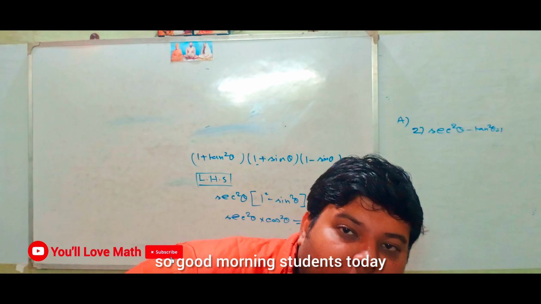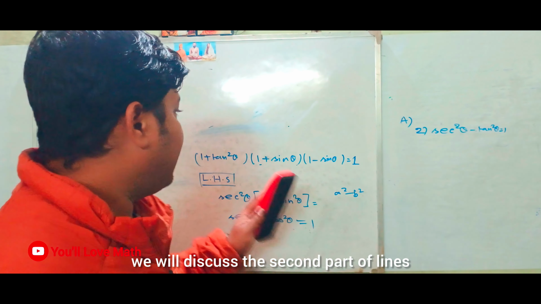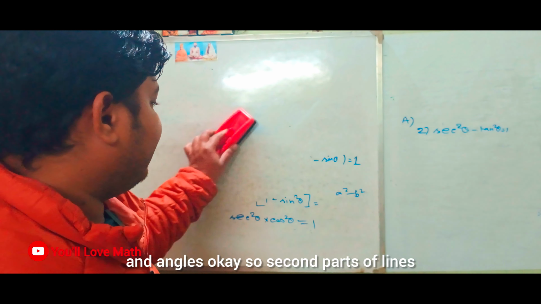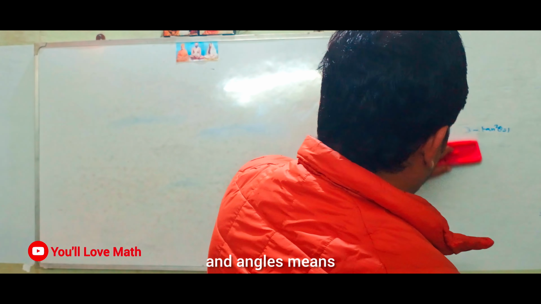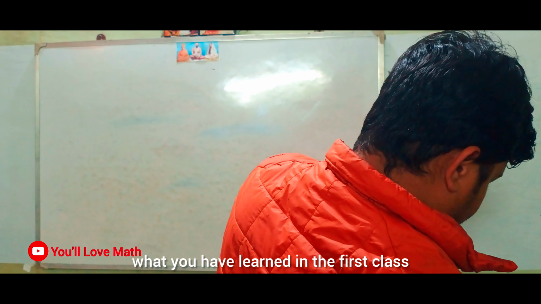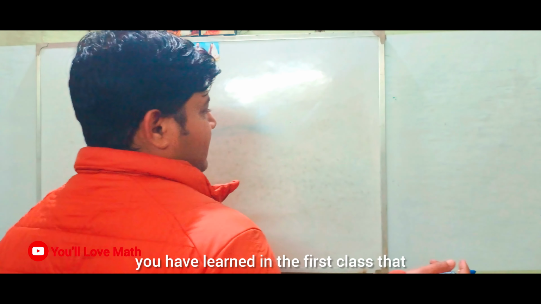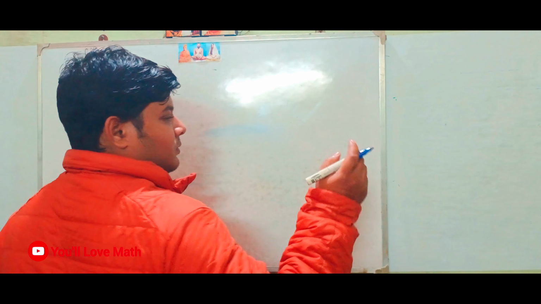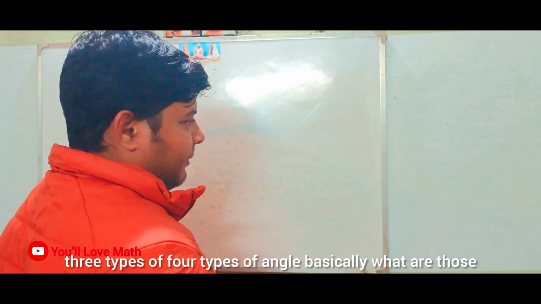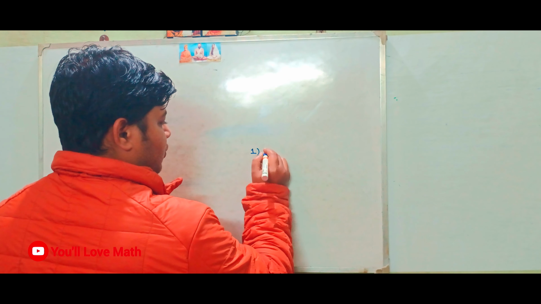Good morning, students. Today we will discuss the second part of lines and angles. What you have learned in the first class is four types of angle basically. What are those?